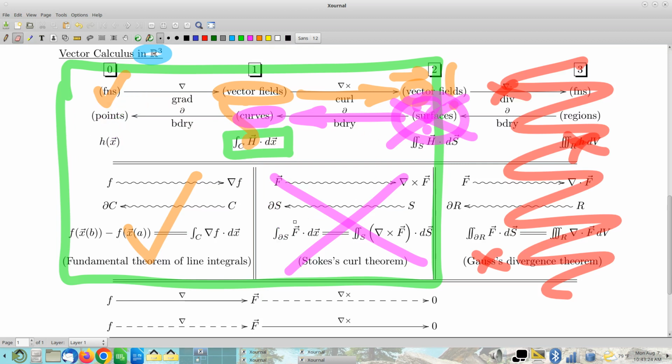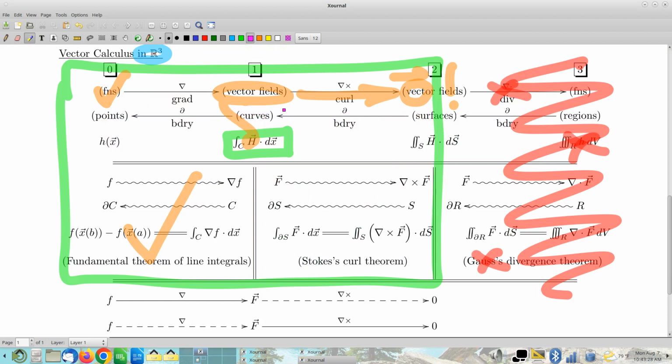Let's think through what we've got then. There's no possibility of using Stokes' curl theorem. Okay, you know what? My only good option is the fundamental theorem of line integrals. And so I'm just going to proceed in the usual fundamental theorem of line integrals method. I'm going to find the anti-gradient by usual methods, and then I'm going to plug in to that formula.